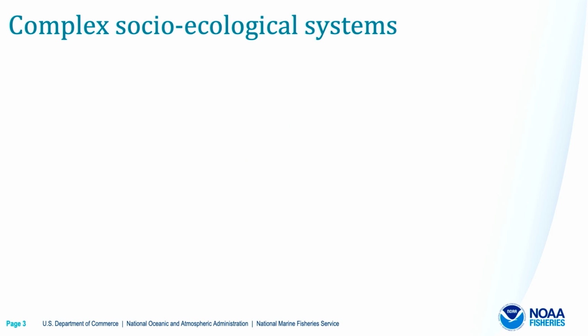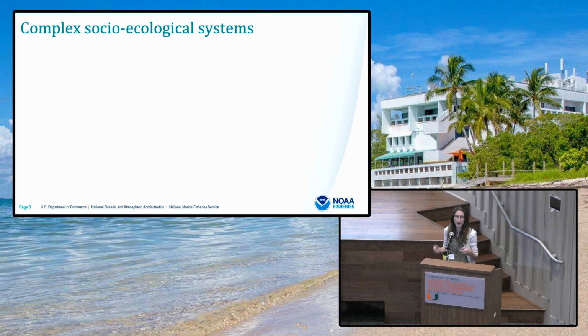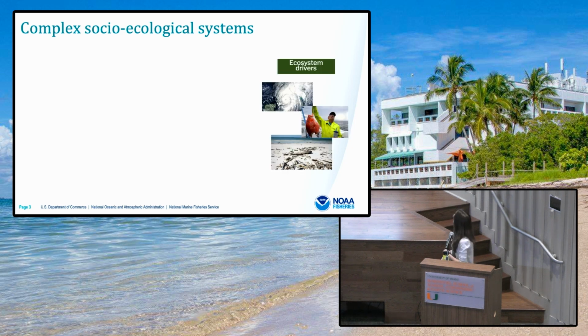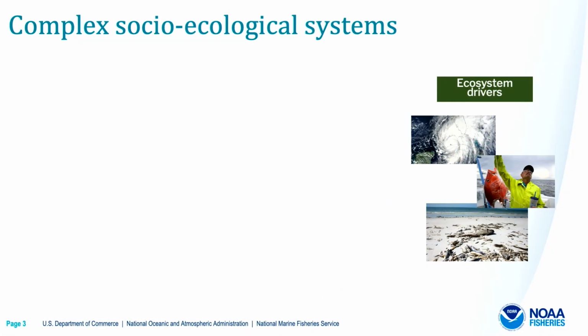And we know that fisheries are complex socio-ecological systems, which means they can be influenced by a variety of external factors. A lot of things in the greater ecosystem can influence that assessment model equation. For example, ecosystem drivers, hurricanes, changes in predator or prey landscapes, episodic events like red tides.